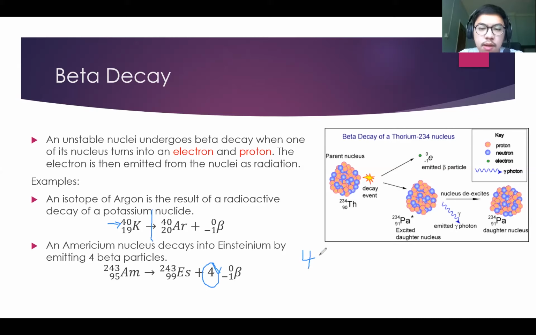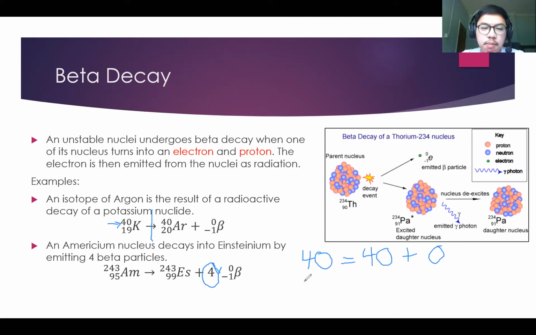So the nucleon number for potassium is 40. That's the number on the left side of the equation. Now onto the right side, you have argon, which also has a nucleon number of 40, plus a beta particle, whose nucleon number is 0. So as you can see, the numbers on the left and the right are both equal. 40 plus 0 is equal to 40.